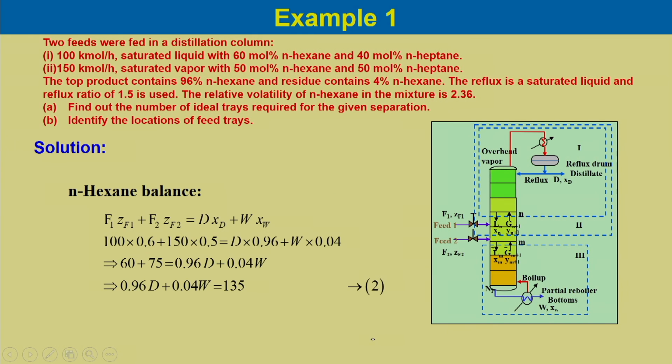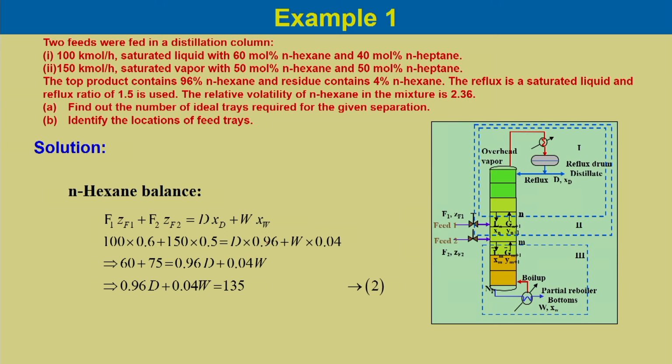Now, if we do the n-hexane balance, it is F1 ZF1 plus F2 ZF2 equal to D XD plus W XW. If we substitute, it is 100 into 0.6 because feed 1 contains 60 mole percent n-hexane, and feed 2 contains 50 mole percent n-hexane, so 150 into 0.5.